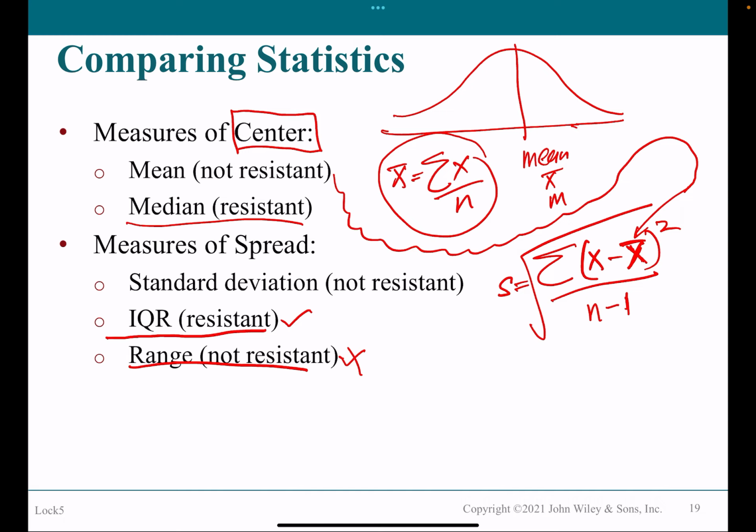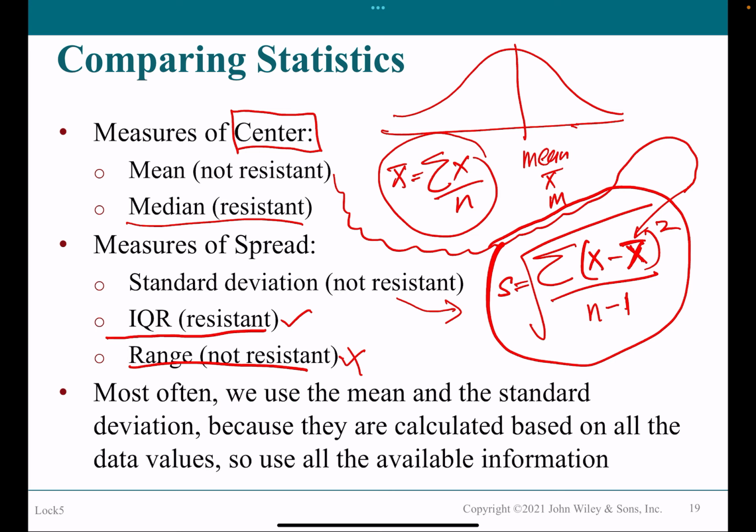This mean is not a resistant measurement. Since it is not a resistant measurement, this whole thing becomes a non-resistant measurement. So standard deviation is a non-resistant measurement.